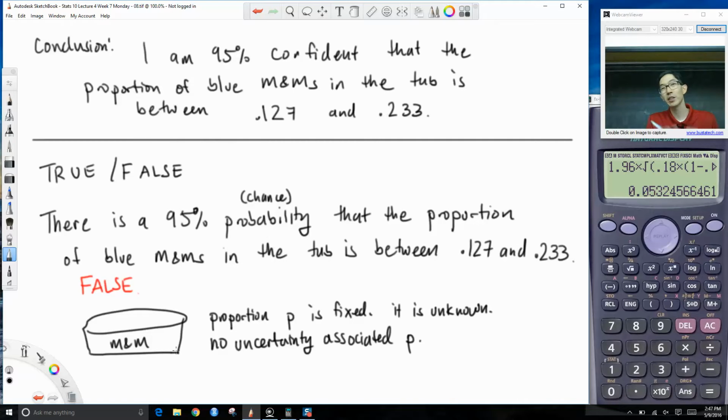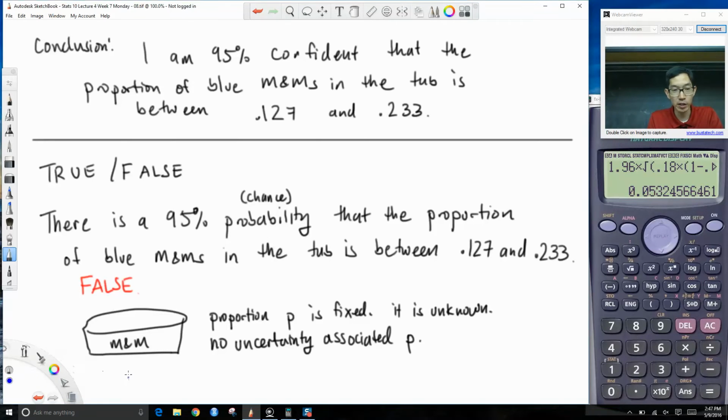It's going to be some number. We don't know what it is, but it's some fixed value. So it does not make sense to talk about the probability associated with p. It is either going to be in this interval, 0.127 to 0.233, or it's not, and it doesn't make sense to talk about probability there.